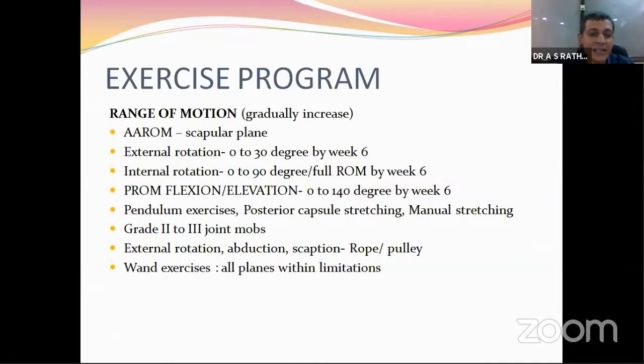In this stage, we can start external rotation and abduction in the scaption plane, and rope or pulley exercises can be started. Band exercises can be done in all the planes within the pain-free limit.